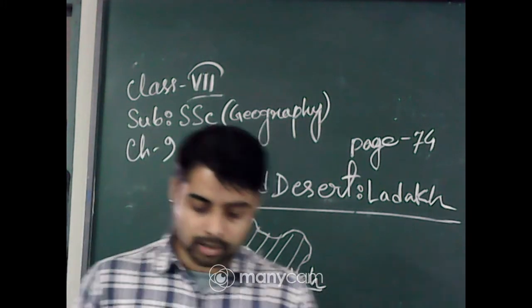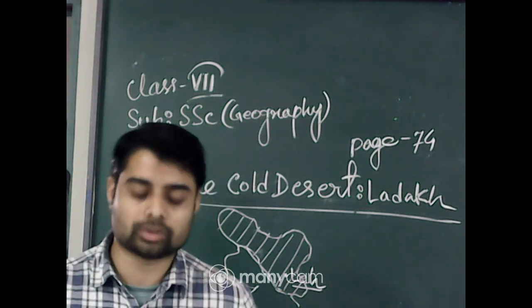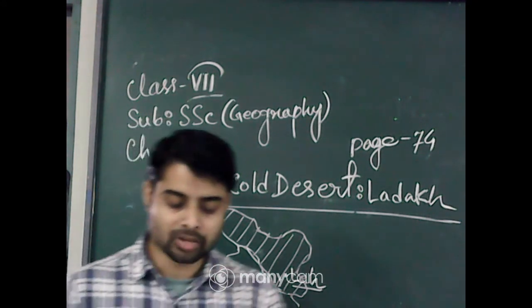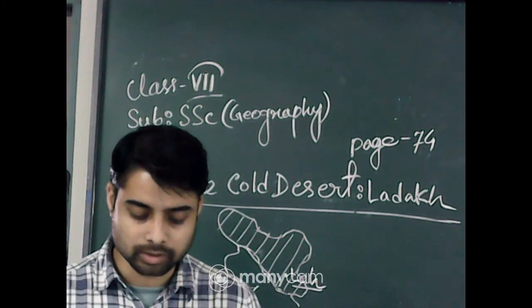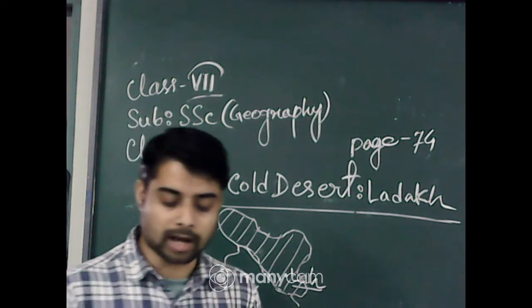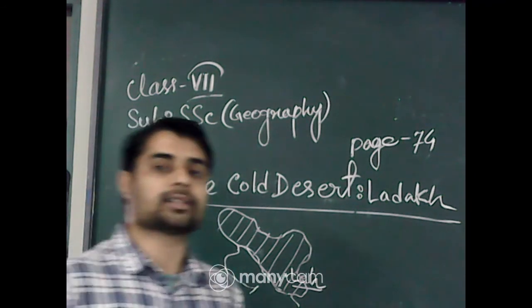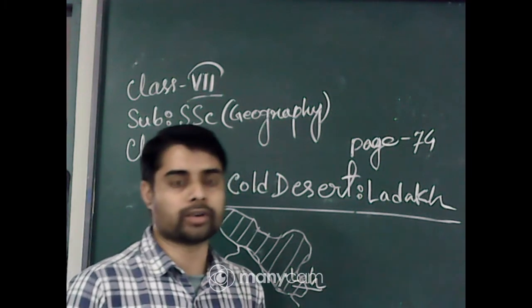The altitude in Ladakh varies from about 3000 meters in Kargil to more than 8000 meters in the Karakoram ranges. You know that K2 or Godwin-Austen is the second highest mountain peak of the world.